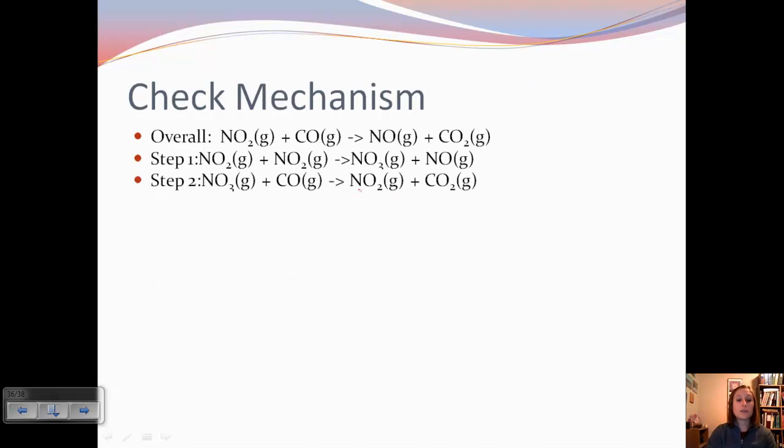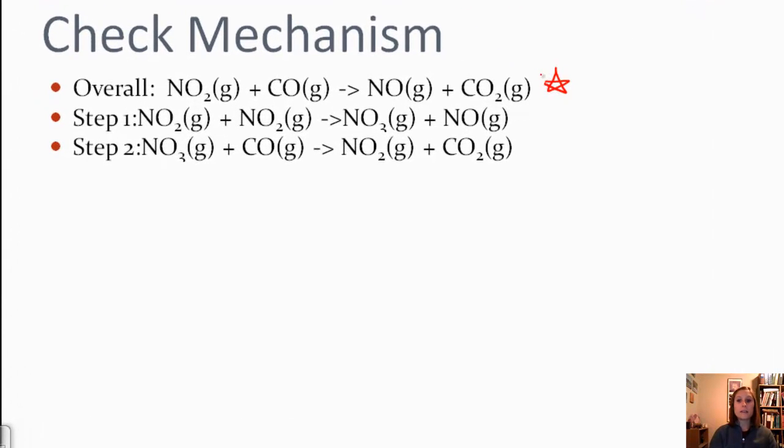So let's look at our example from before. Here is our overall reaction. This is what all of our steps need to equal to. So let's look at step 1 and step 2 together. Now we want to cancel out things that are the same on both sides. So here's our intermediate as the product and the reactant. Okay, here's one of our NO2s as a reactant.